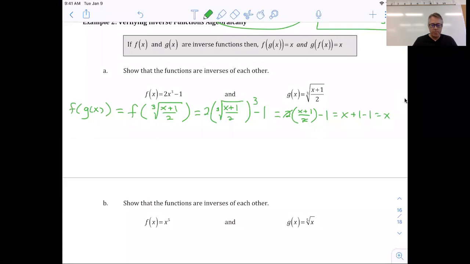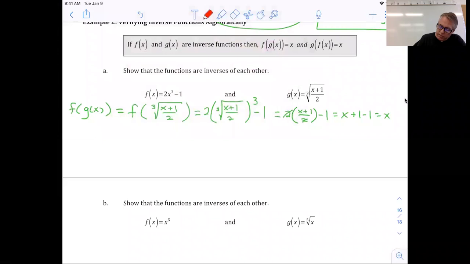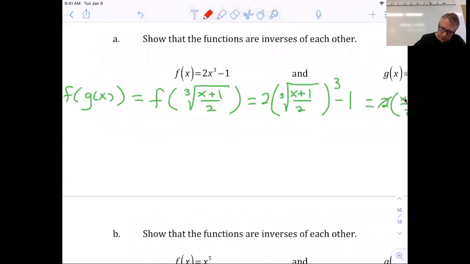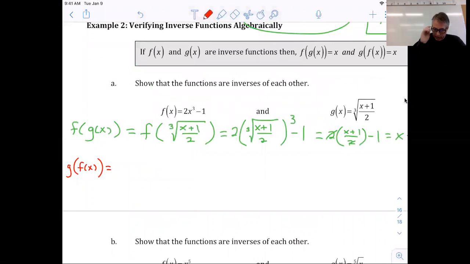Now we're halfway home. We got to do the other half. We still have to show g of f of x equals x. So I have to find g of f of x. So that means I'm going to take this guy now and plug it in to there. So I'm finding g of 2x cubed minus 1.